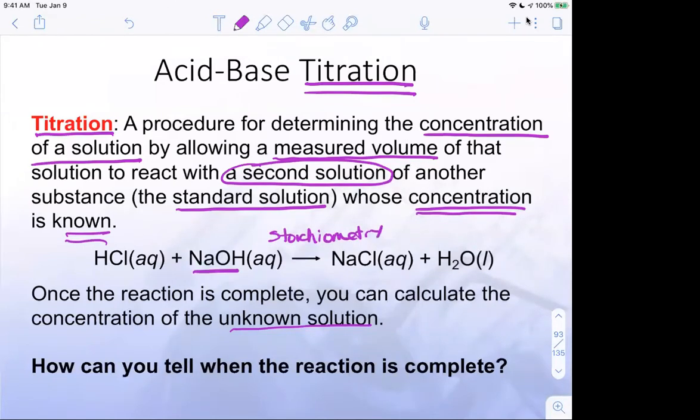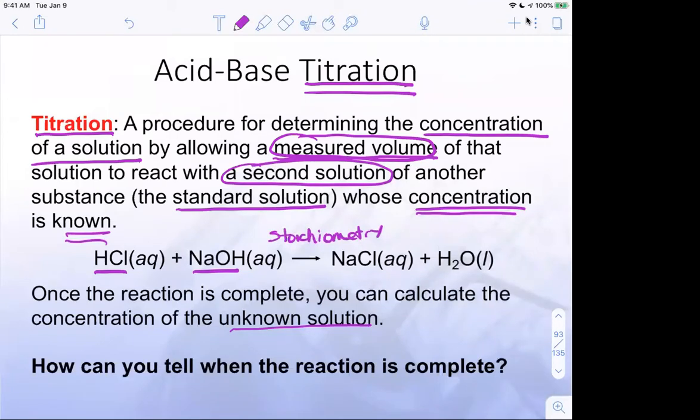If I know how many moles of NaOH react with my unknown amount of HCl, I can figure out the moles of that HCl, and if I have that measured volume, molarity equals moles over volume, I can calculate the concentration of my unknown solution.